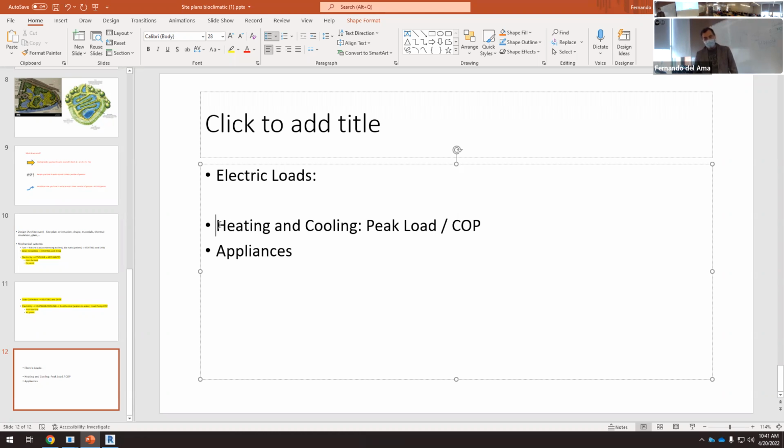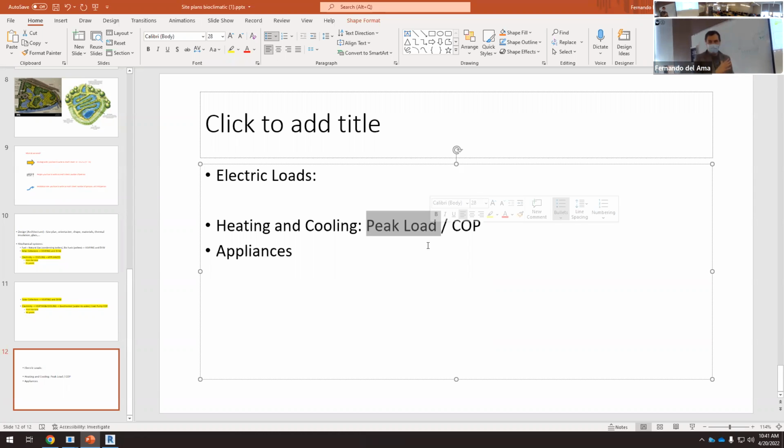The electric load, first we have to calculate the peak load. We can do this with Revit, or we can do this with the Excel file. We have the peak load in winter, the peak load in summer. Then we have to multiply this by the time in which the system is working. Maybe it's 10, 12 hours in winter, in January. Maybe it's only 5, 6 hours in March. And in May, maybe it's only 1 hour a day.